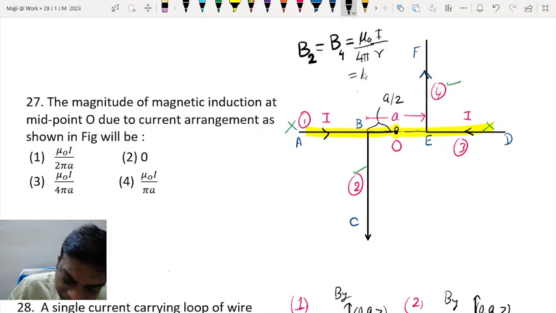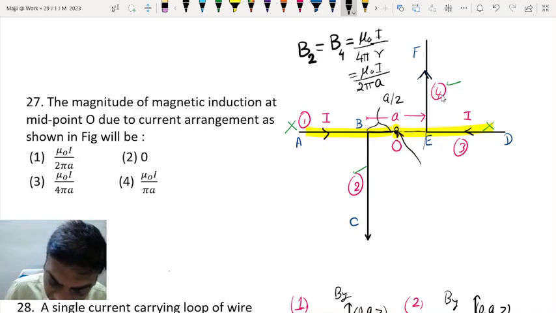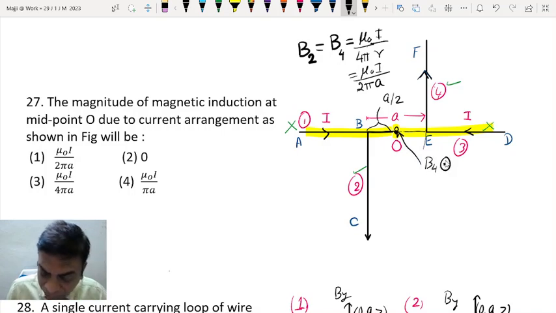So when you substitute here, we have mu 0 I upon 2 pi A. Now if you apply the proper right hand thumb rule, you will find that due to this wire, the magnetic field B4 is out of the plane of the page. Similarly, B2 is also out of the plane of the page.